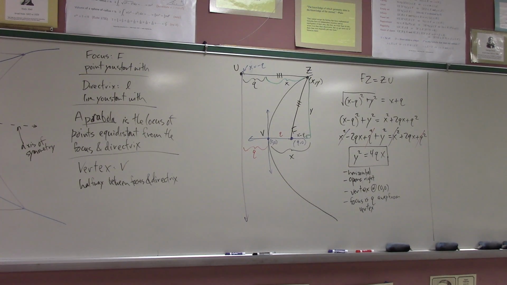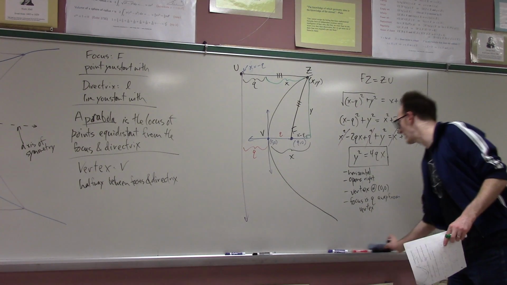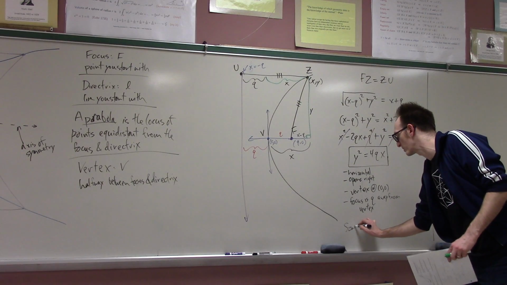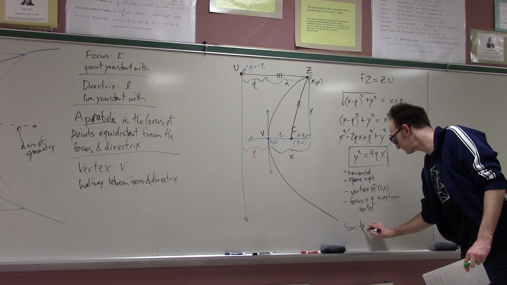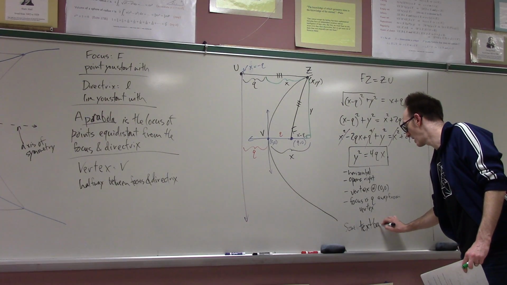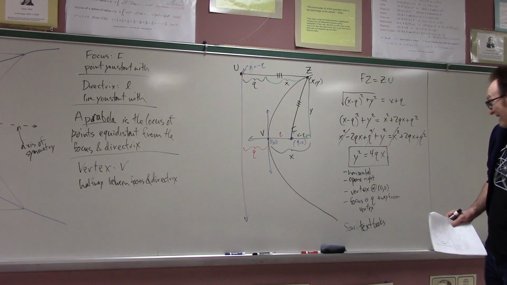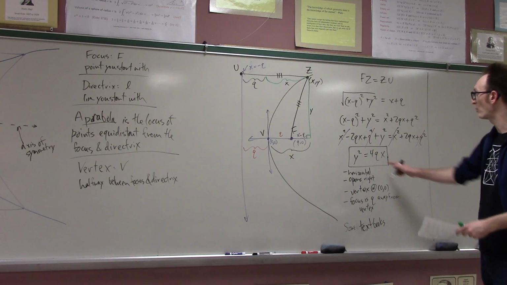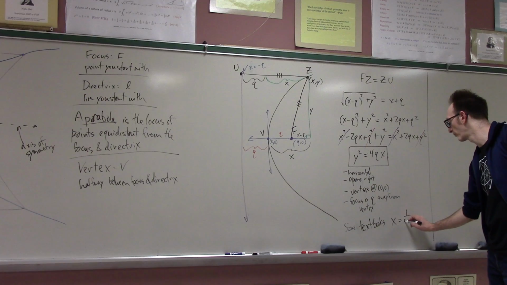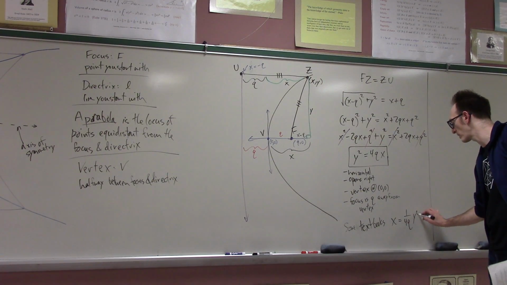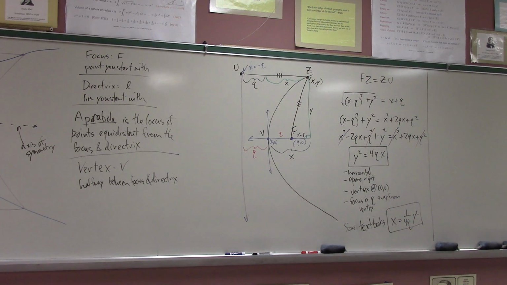Okay, and I should also just say, so don't get confused, some textbooks prefer to write it in x equals form, so you might see x equals 1 over 4q times y squared. Of course, that's kind of like the same thing.